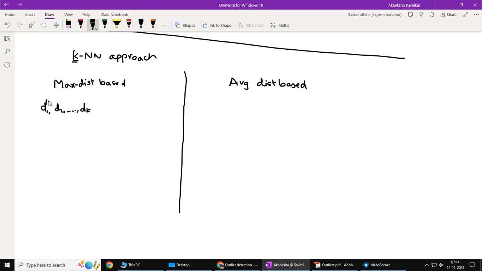So suppose for first observation I am calling it d11, d21, dk1. These are distances of k nearest neighbors for the first observation. Then similarly I will compute d12, d22, dk2. These are distances of the k nearest neighbors for the second observation, and so on.